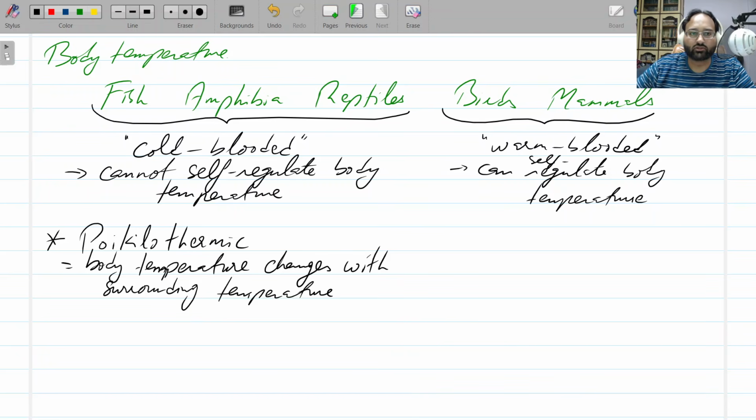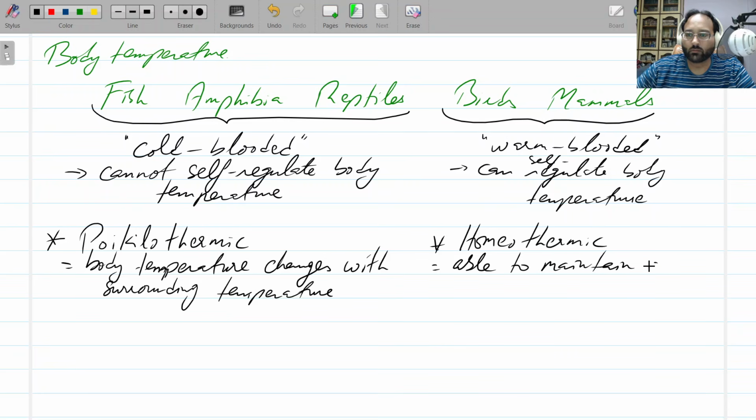And I believe for warm-blooded, it's homeothermic. Let me just check. Yes, homeothermic. These are the ones who are able to keep a stable body temperature, in most cases regardless of the surrounding temperature.